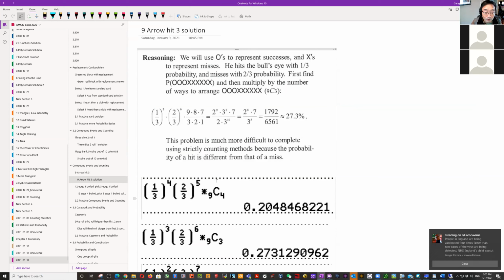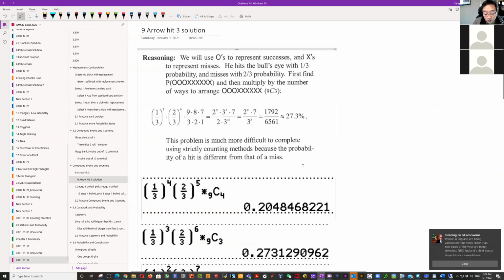And when you shoot 9 arrows, actually hitting just 3 is a minority. It doesn't really stick to your intuition that it's 100% to hit 3 arrows. Actually, this is far from the truth.